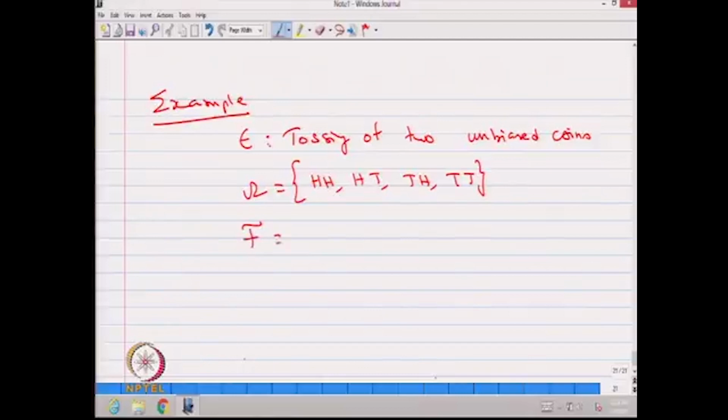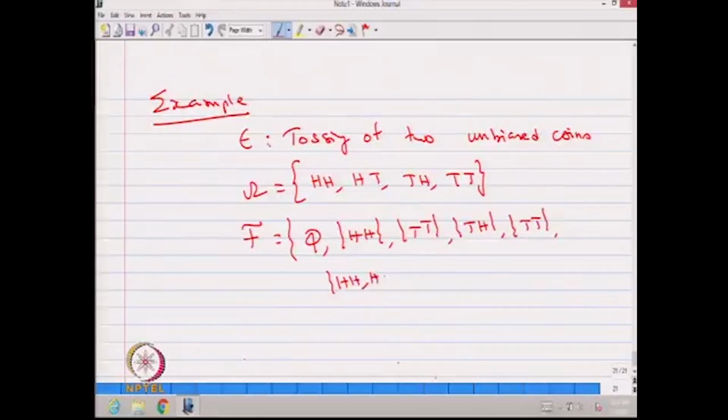We have taken the largest sigma field F for consideration for this problem, that is the empty set, then singleton elements, any 2 elements. Oh, I have written wrongly, that is H tail.